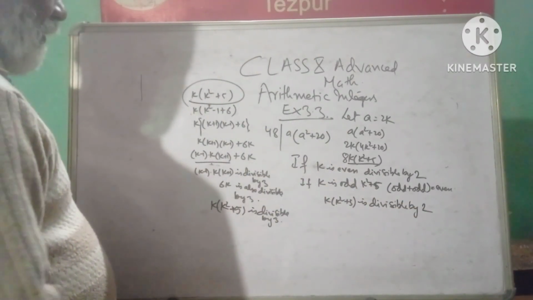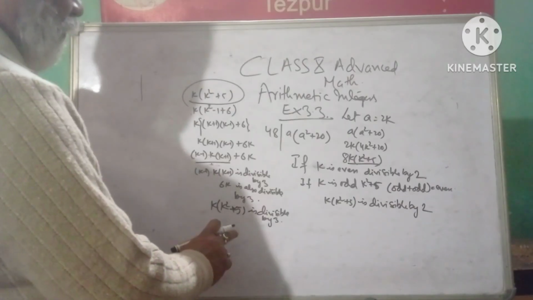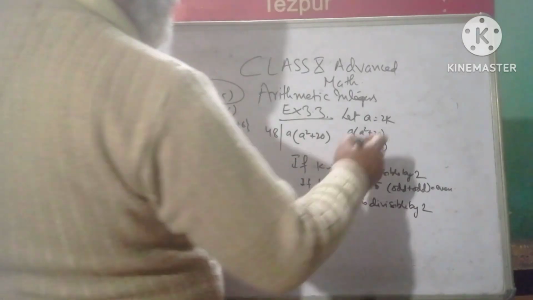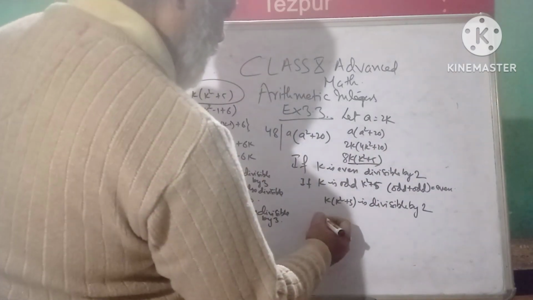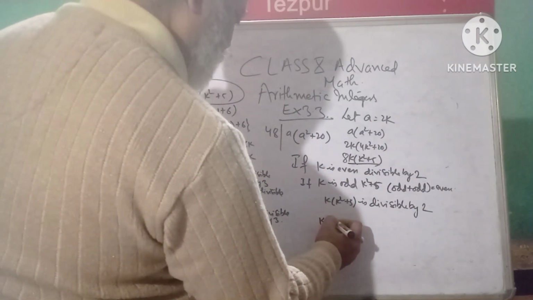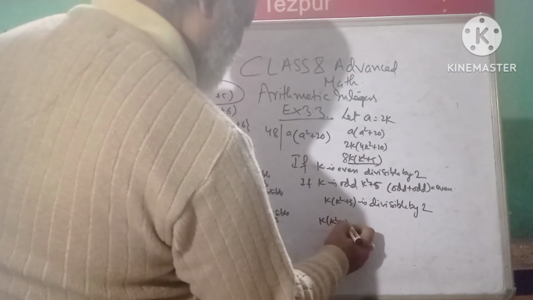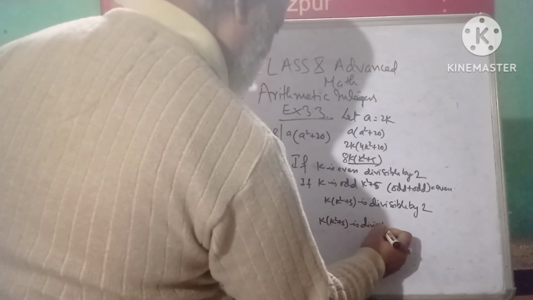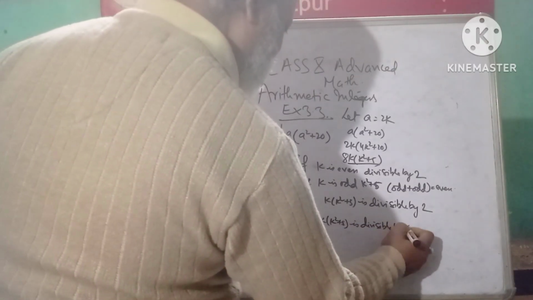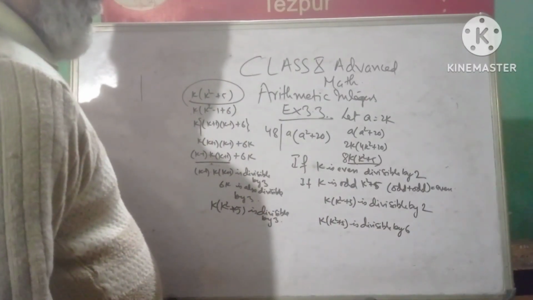So that means this k square plus 5 is divisible by 6. You got the conclusion here.